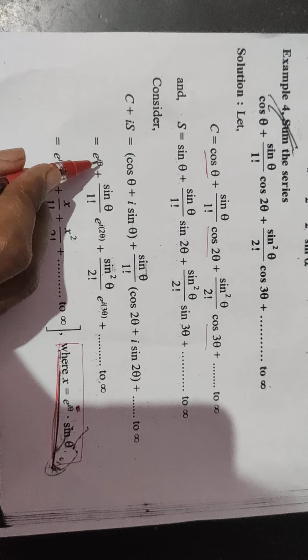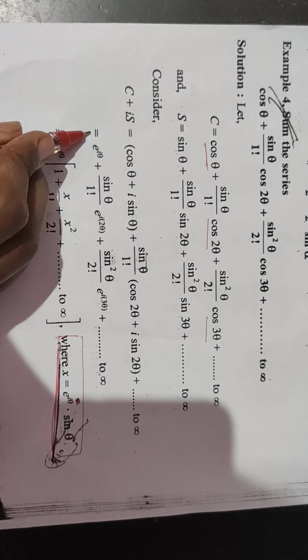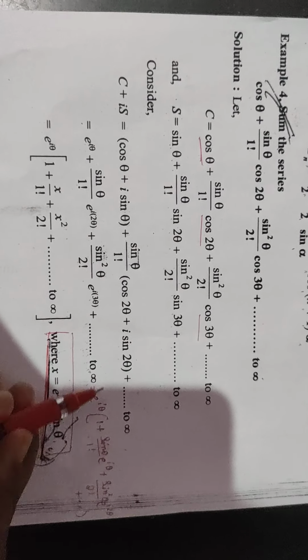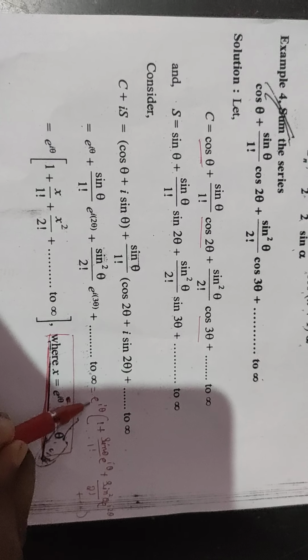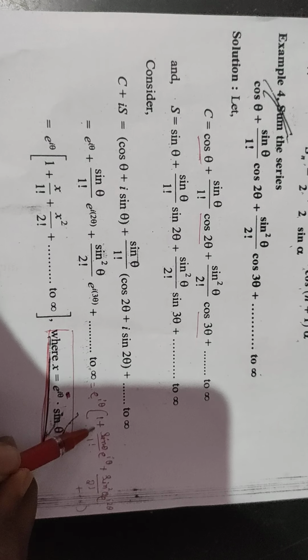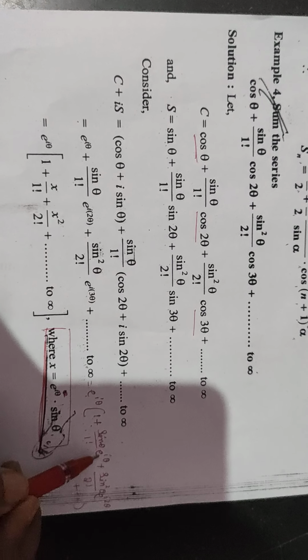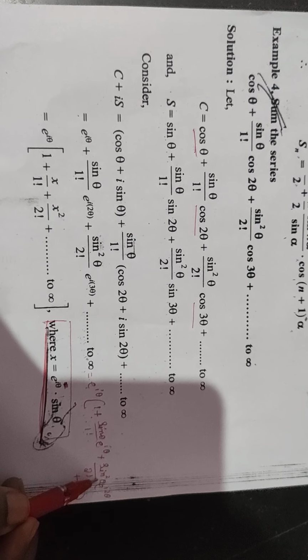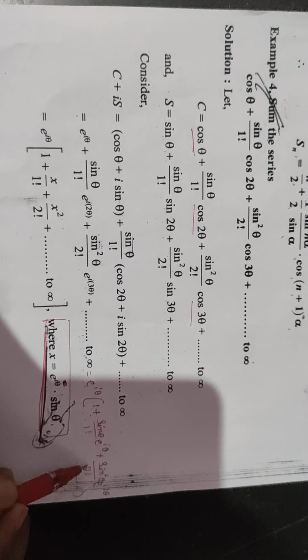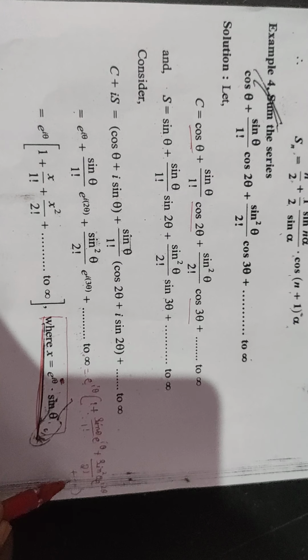Now from this you take out e power i theta common. So we will get e power i theta common in the bracket 1 plus sin theta into e power i theta divided by 1 factorial plus sin square theta into e power i 2 theta divided by 2 factorial and so on.